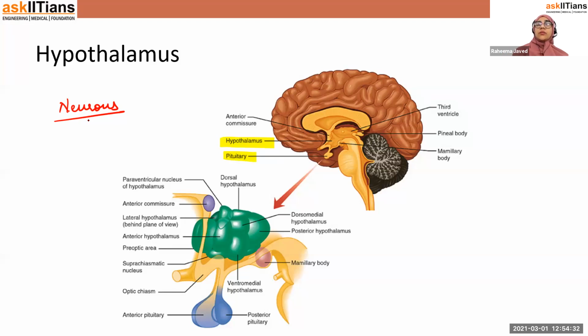For the posterior pituitary, the neuronal connection is also there. The secretions for the posterior pituitary are synthesized in the hypothalamus, then sent to the posterior pituitary from where they are secreted.